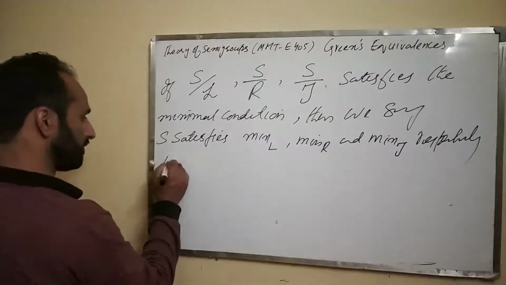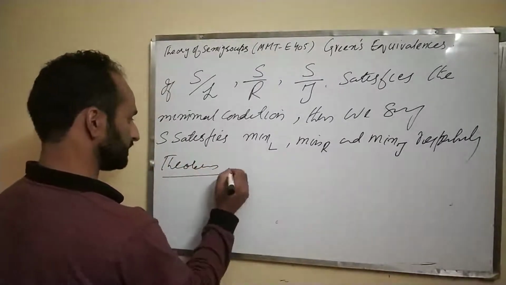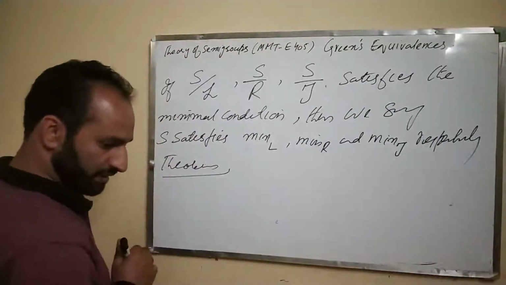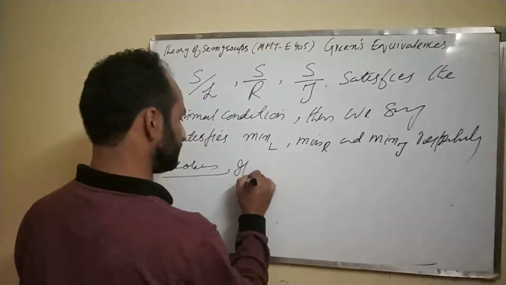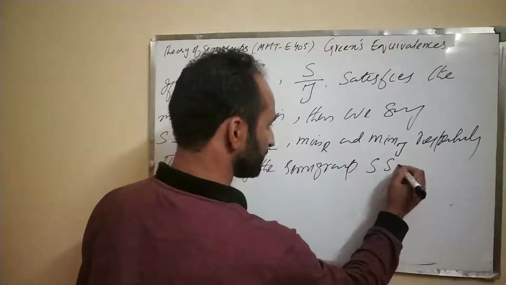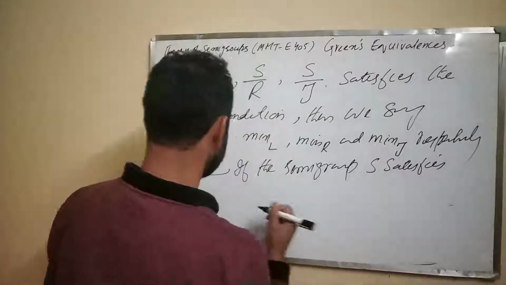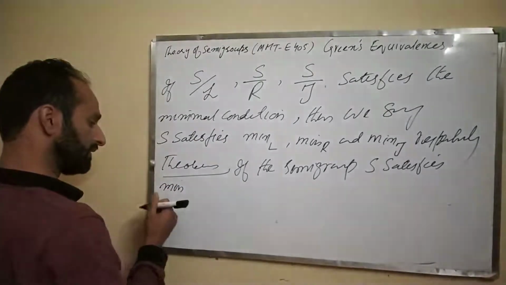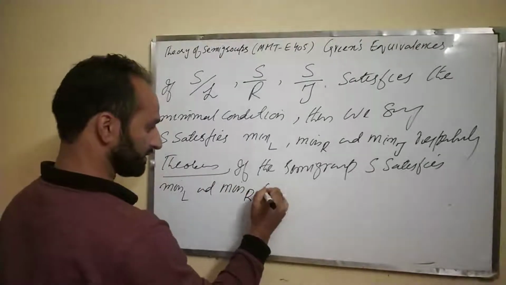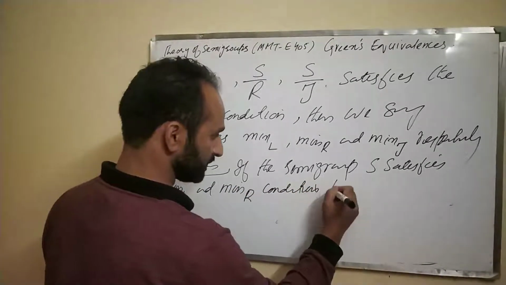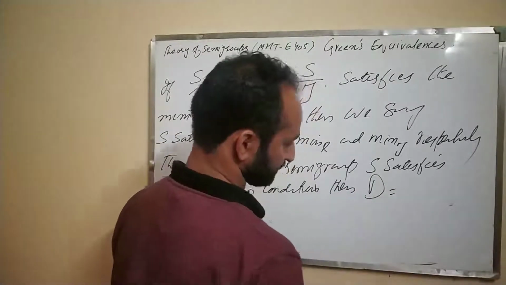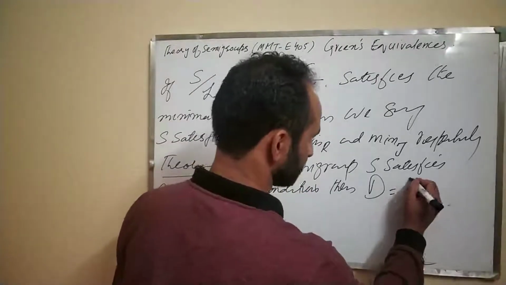Now, the next theorem is very important. If the semigroup S satisfies minimal L and minimal R condition, then the D relation is the same as the J relation.